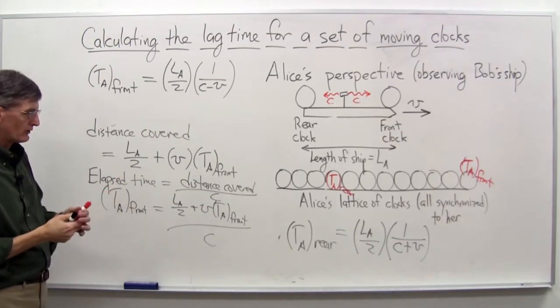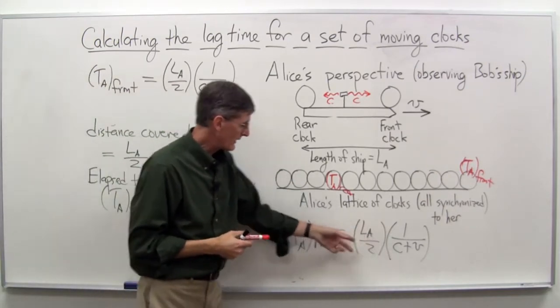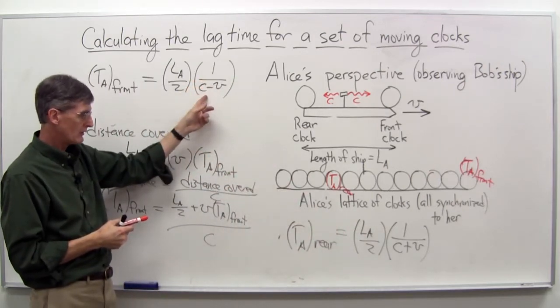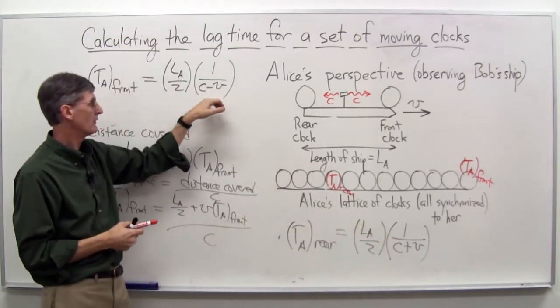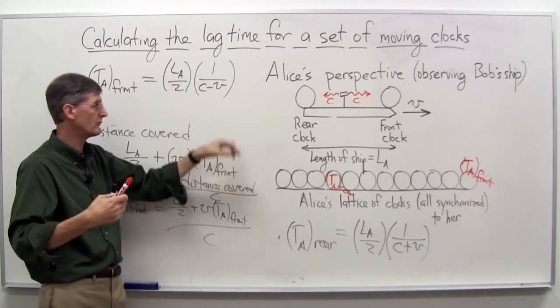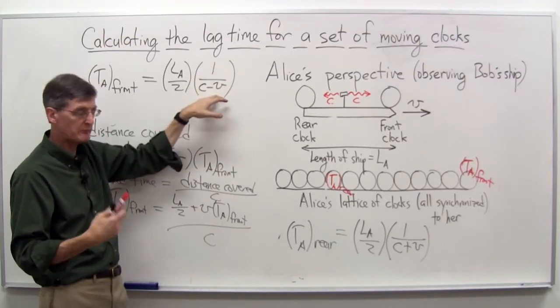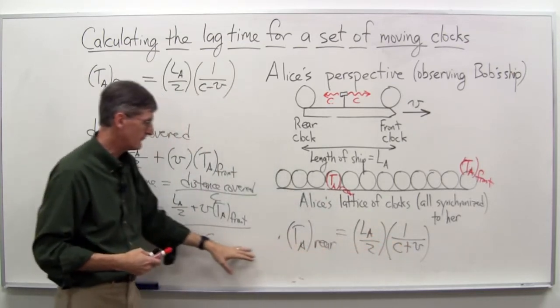And note also, just to check this, I've got LA over 2 in both cases. 1 over C minus V compared to 1 over C plus V. This is going to be a smaller number than this, right? I'm taking C and subtracting some other velocity from it, so this will be a small number. 1 over that will be bigger than if I add the velocity. And that makes sense.